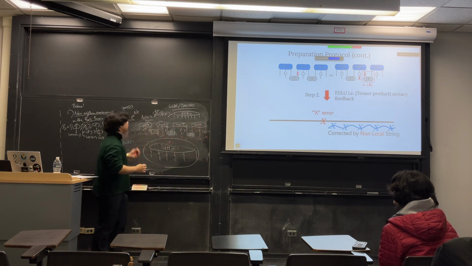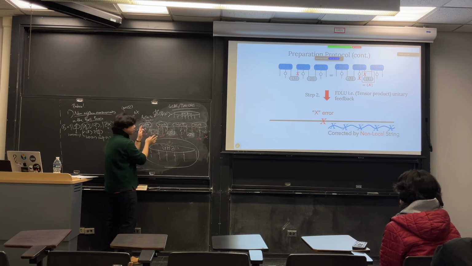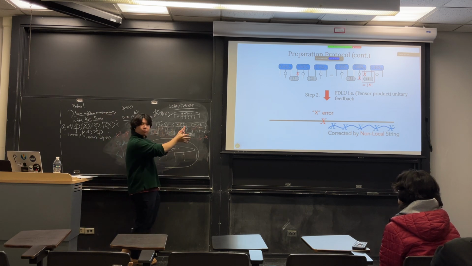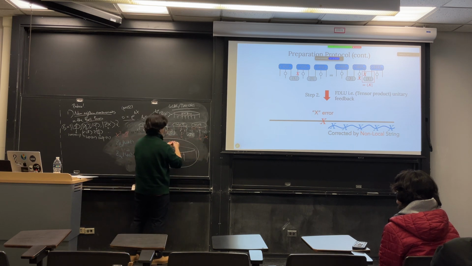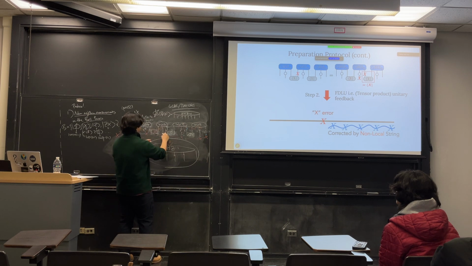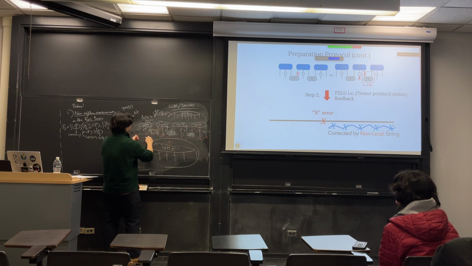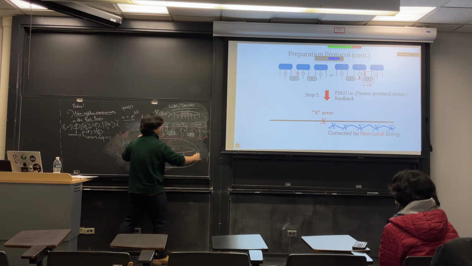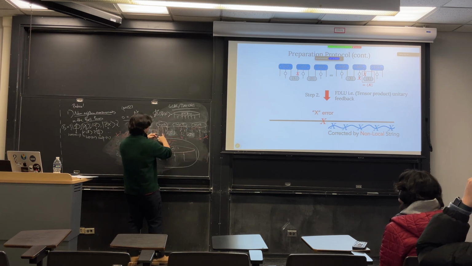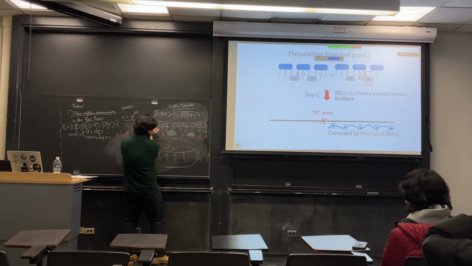And so when you have multiple errors, you just do the same sweeping operation, one at a time, until you have a bunch of these. You could have a Z here, Z here, Z here, Z here, X, Z. You would first apply a bunch of X Paulis, so these would all cancel out. Then you would apply a Z, or actually not even a string, because the Z just gets pushed all the way.